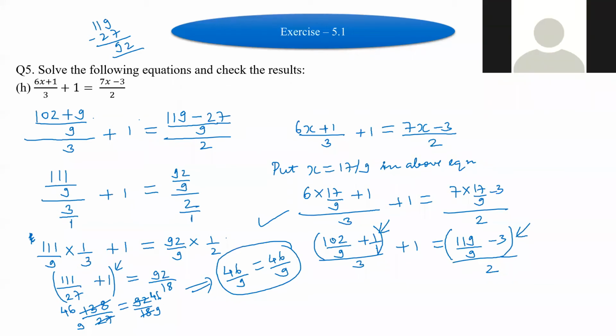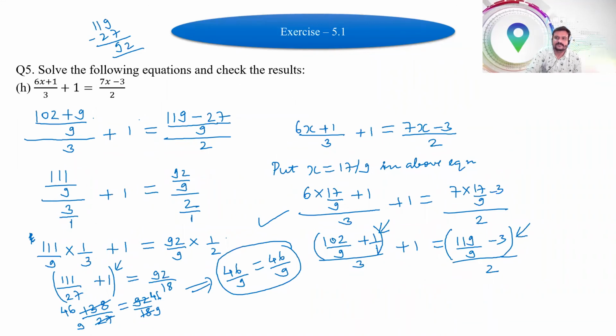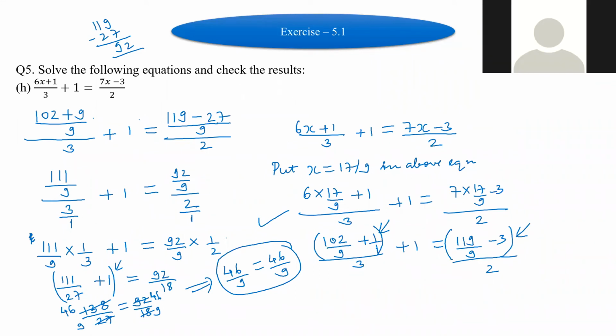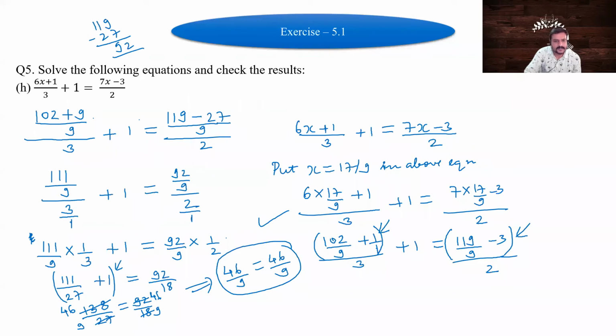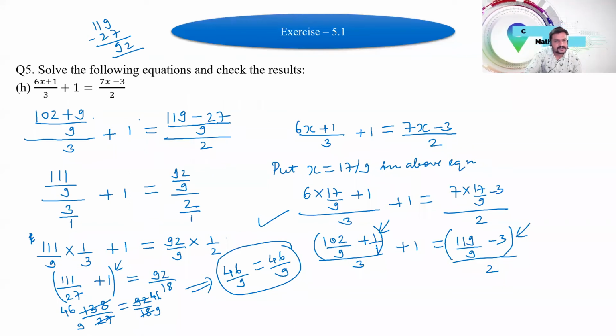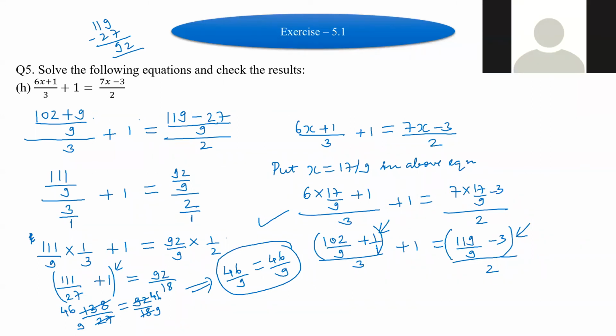Sir, in verifying, how did it become 1209/9/3? 1209, where did 1209 come from? Where is 1209? It is nowhere. Which step are you looking at? 102 plus 1/9. Yes, sorry, sir, I have written it wrong. Yes, okay.